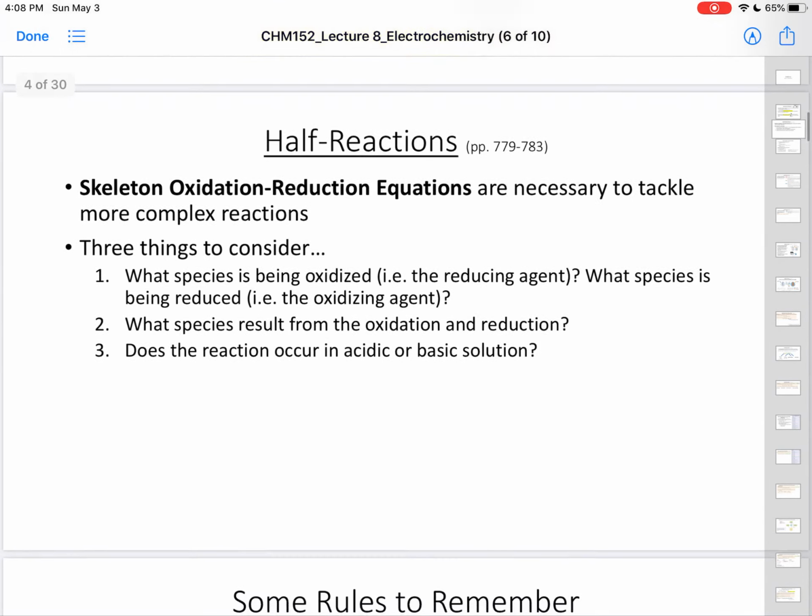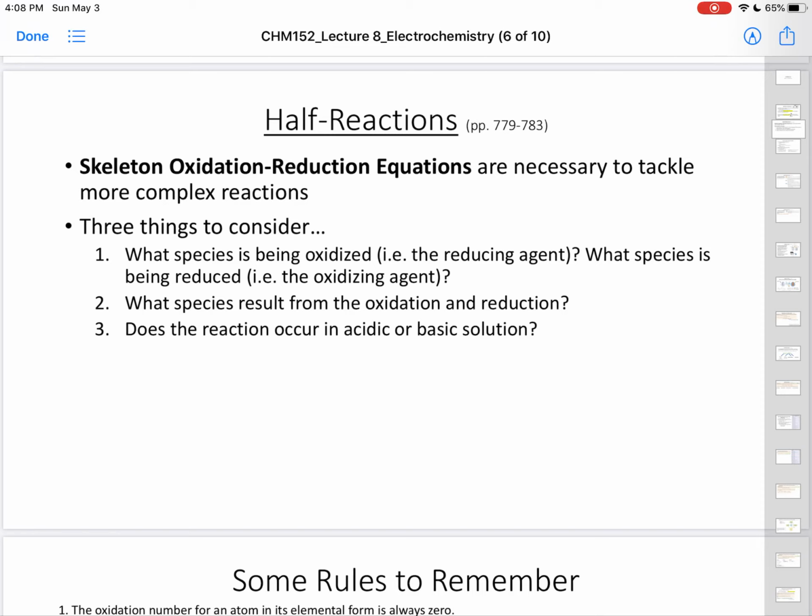We're going to look at some skeleton oxidation-reduction equations that are necessary to tackle more complex reactions. The things we'll consider when balancing are what species is being oxidized and what species is being reduced.